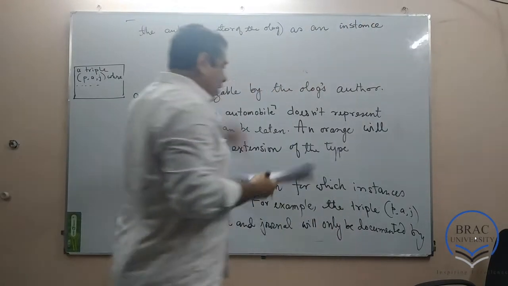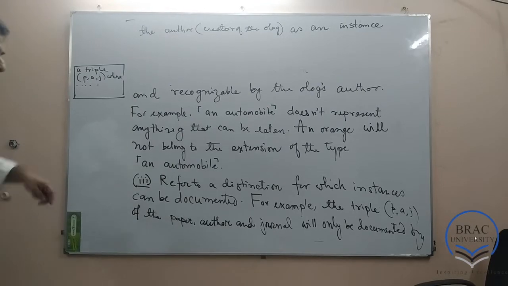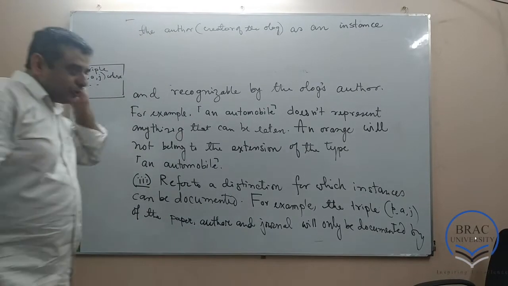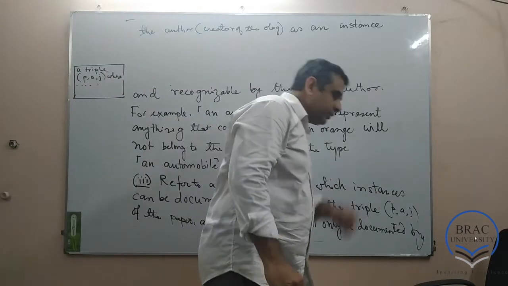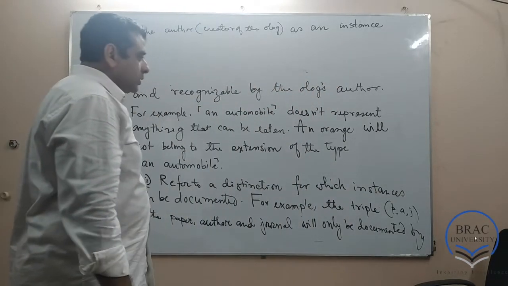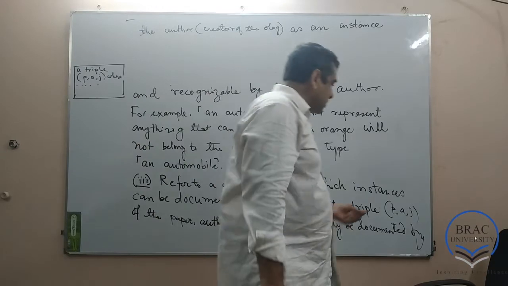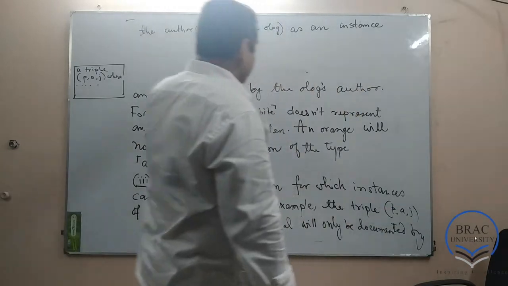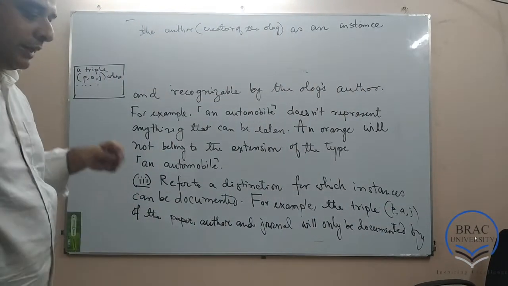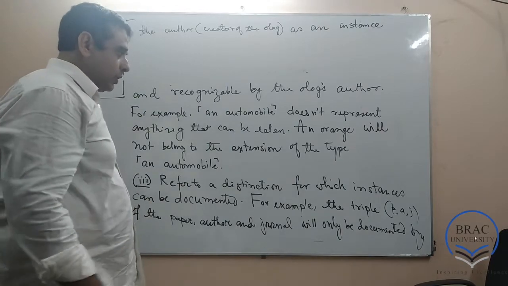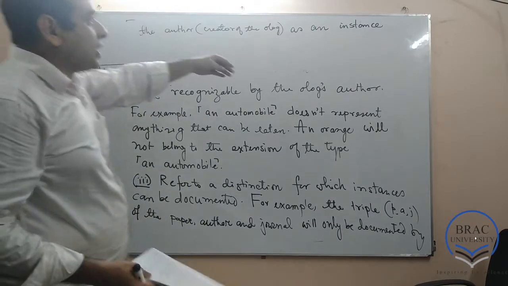the type, meaning that the author, the creator of the Olog, is recording the data, the triples. Whenever he comes across a triple satisfying the following properties, he immediately records it as an instance.